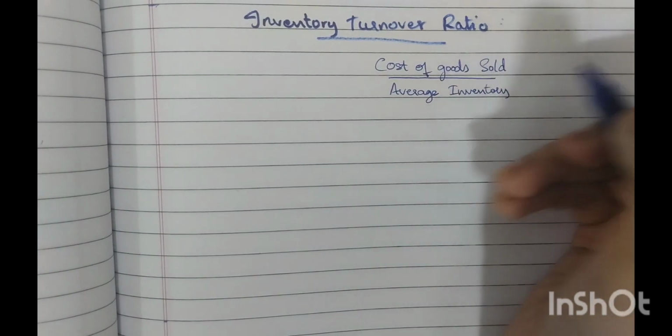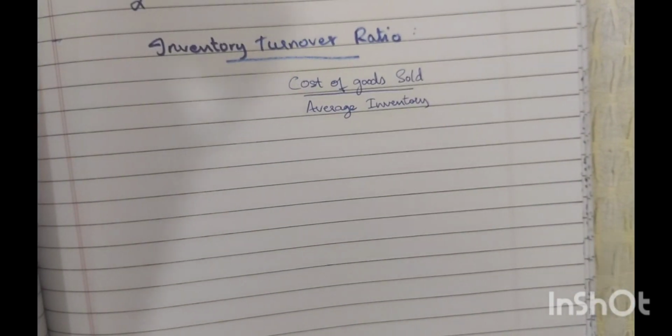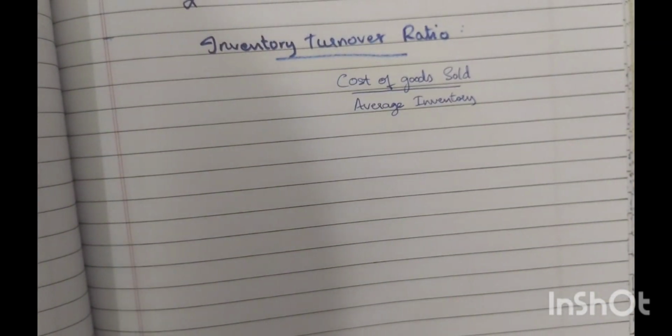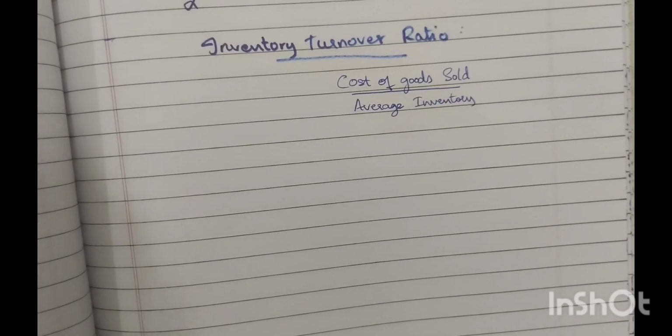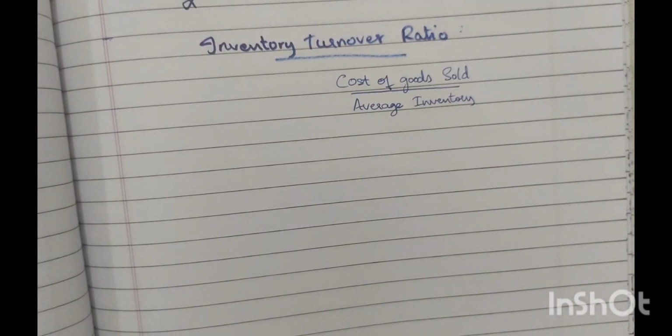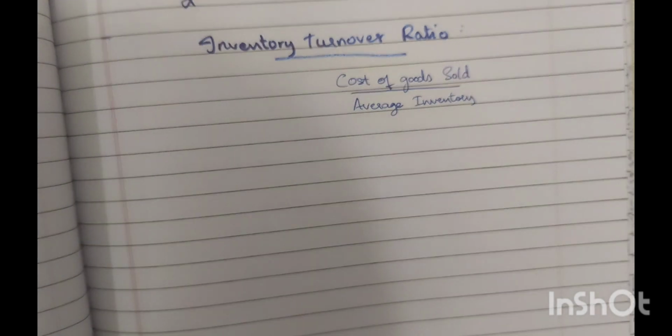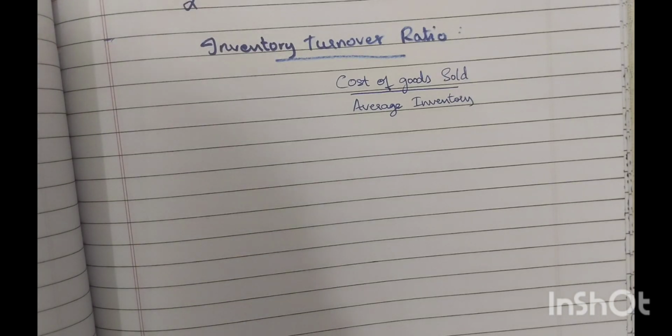Alright, 2 new terms. Well, CGS, we've actually learned it in grade 11 as well. Even average inventory, so let's just go through it. Right, CGS, we know that it's the cost of goods sold, or in other words, cost of revenue from operations, right? So it's the cost throughout the business year, accounting period, the business or the company would have sold goods, and the cost price of all those goods combined is the CGS, alright?